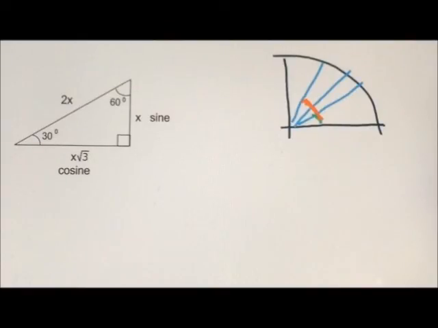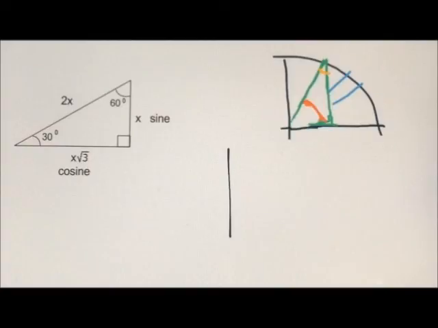And now the outer angle, if we draw a triangle, would look something like this. The 30 degrees is now going to be located up here. If we look at the triangle flipped around, we would remain with 2x as our hypotenuse.